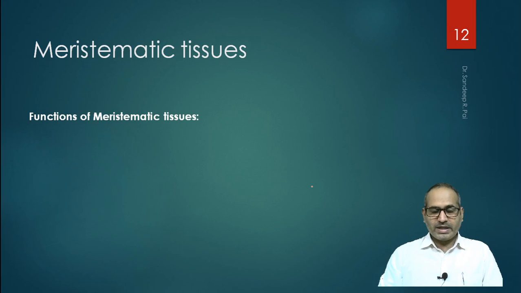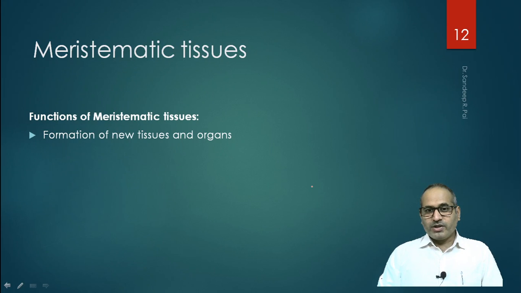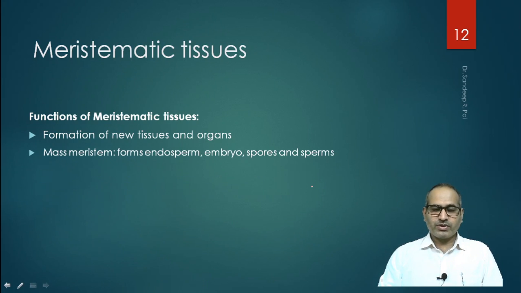Let us see what the functions of meristematic tissues are in general. Formation of new tissues and organs is their primary function. So in plants, if there is growth or production of new tissues or organs, it is only because of meristematic tissues or meristematic cells.